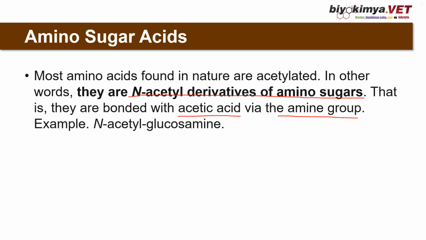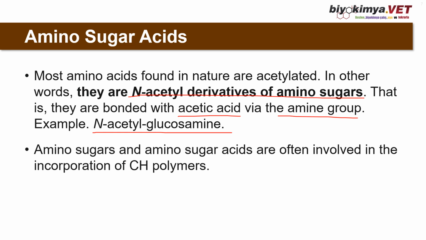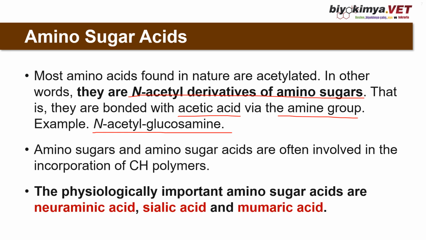So if it is glucosamine, it will be N-acetyl glucosamine. Amino sugars and amino sugar acids are often involved in the incorporation of carbohydrate polymers. The physiologically important amino sugar acids are neuraminic acid, sialic acid, and muramic acid.